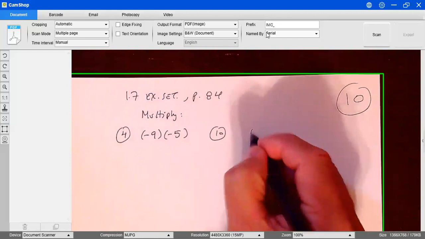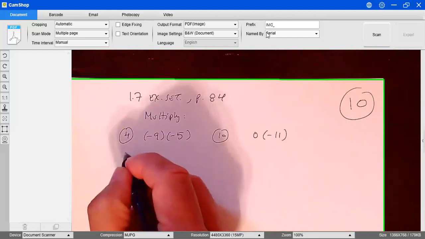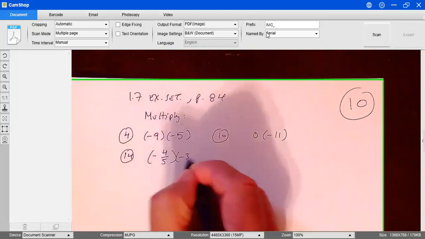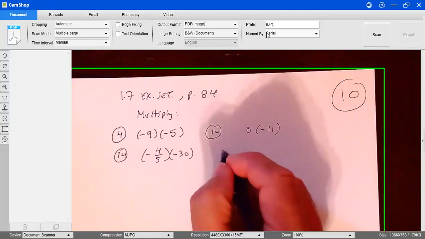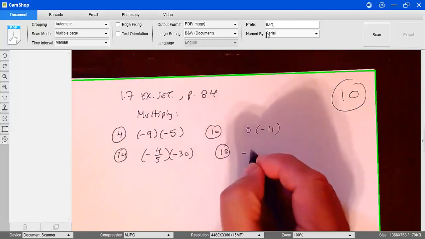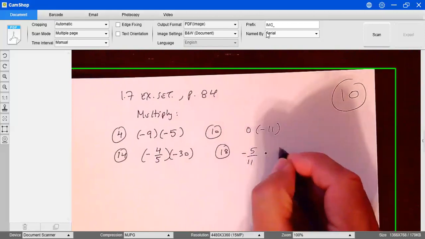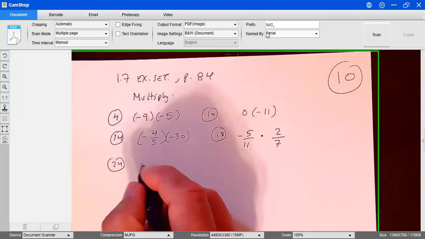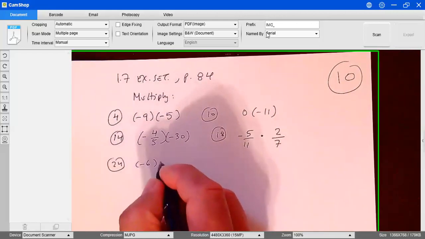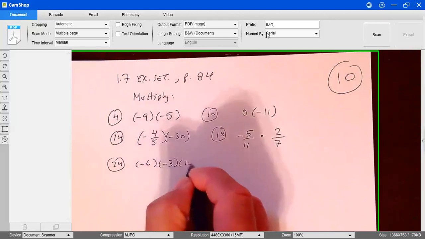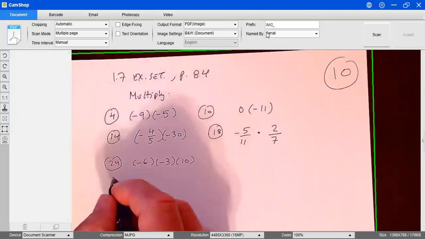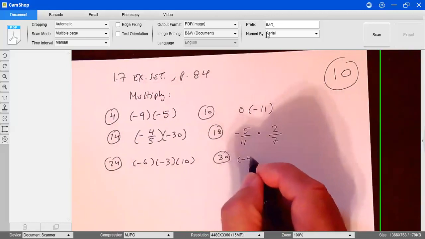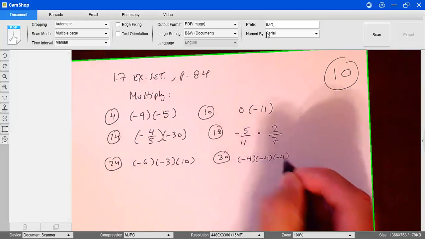Number 10 is 0 times -11. Number 14 is -4/5 times -30. Number 18 is -5/11 times 2/7. Then we have 24, -6, -3, and 10. Just multiply these three numbers. Then problem 30, you have -4 times -4 times -4.